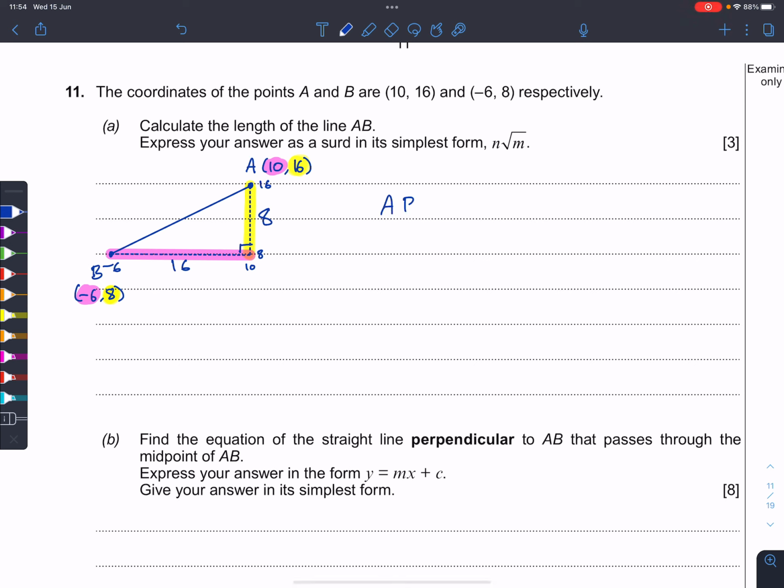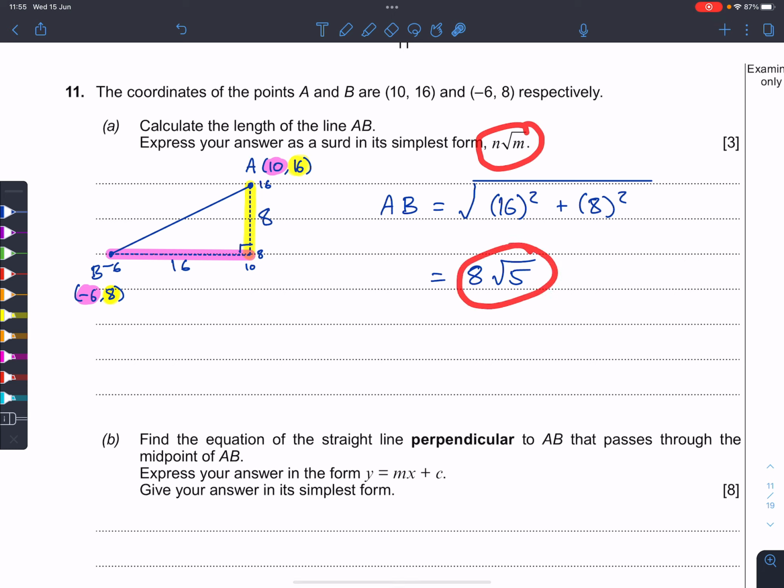Normally it's AB squared, but to find AB I'm just going to square root right at the beginning. So AB equals the square root of 16 squared plus 8 squared. Go to your calculator for that. The root of 16 squared plus 8 squared gives me 8 root 5, which is in the form n root m. So that's what you wanted it to be.